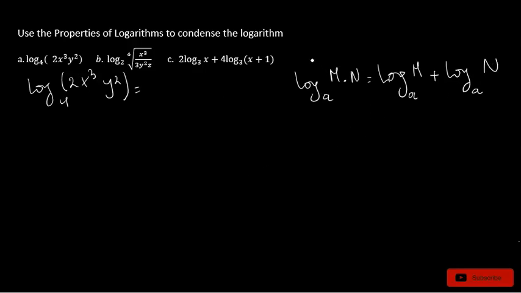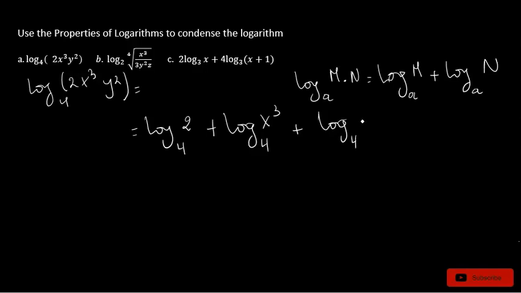Let's use this property for this example. It's equal to log base 4 of 2 plus log base 4 of x cubed plus log base 4 of y squared.